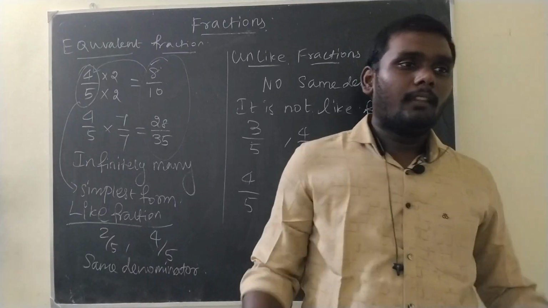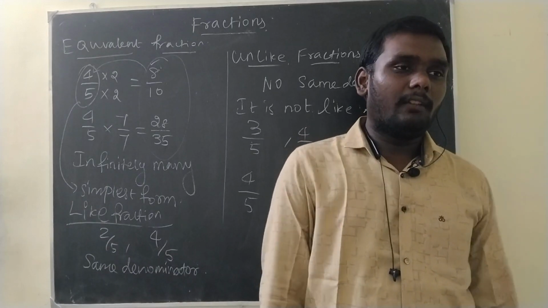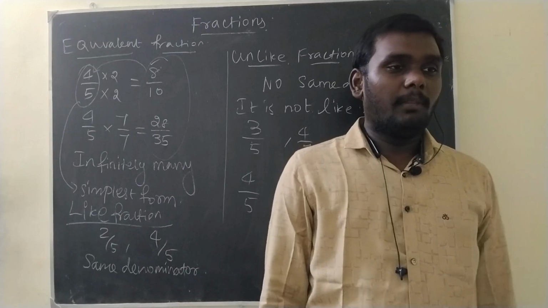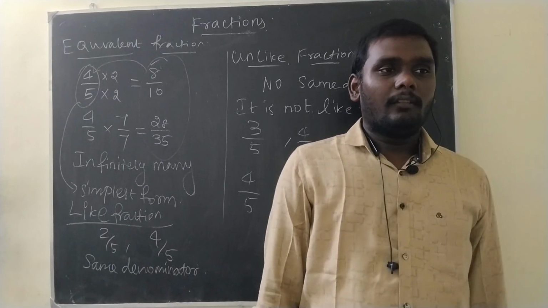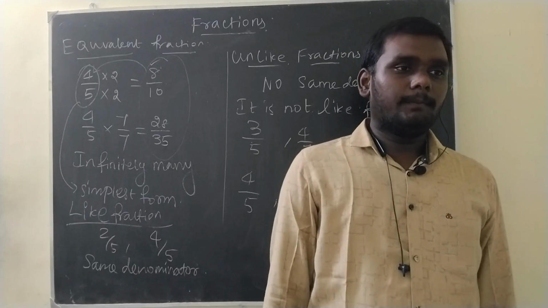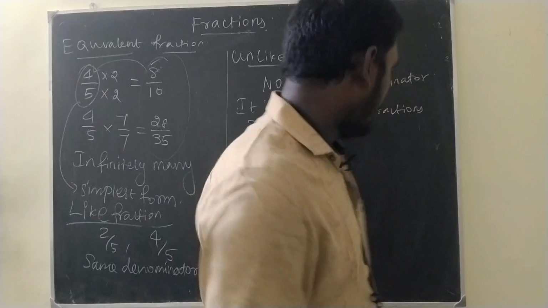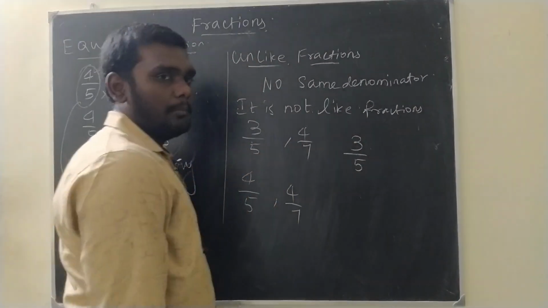If you have a big foot, we can say it is a proper fraction. Big foot means big denominator. If that is not a big number, we can say it is an improper fraction.